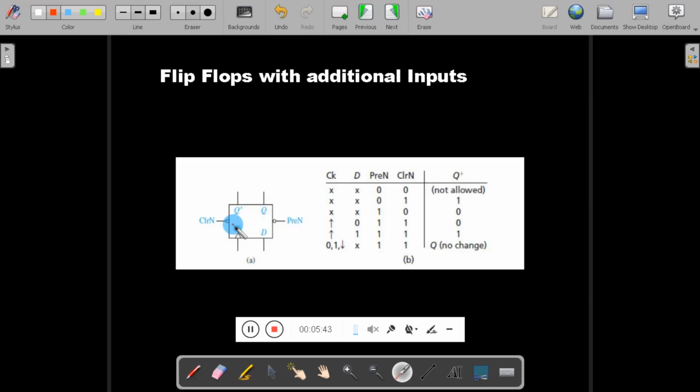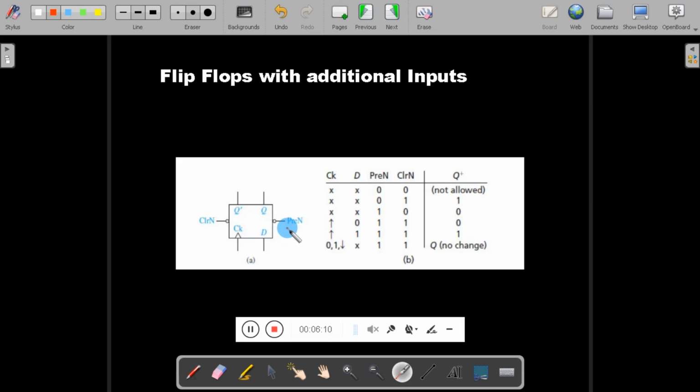Here you have to make a note of one more point. Both preset and clear are active low signals. Active low means a signal whose low value causes an effect on the flip-flop. You can see the small circle, the inversion symbol, on this input, which indicates that logic 0 rather than logic 1 is active.